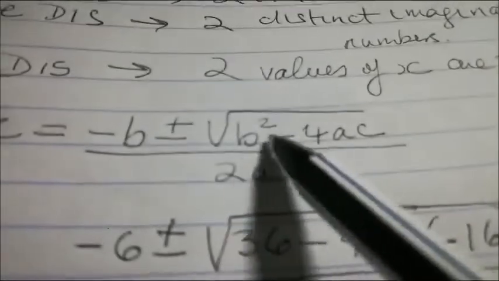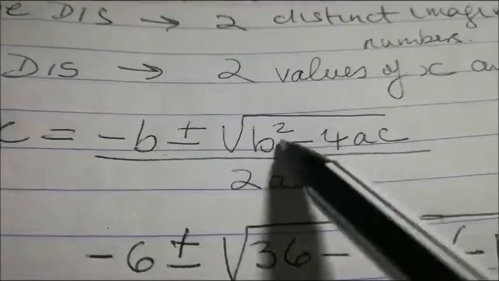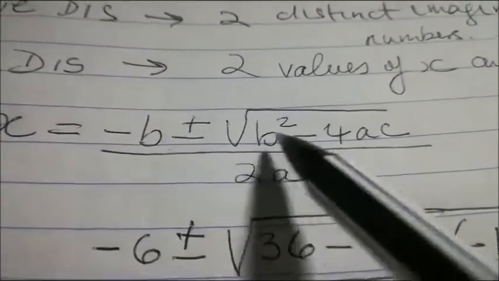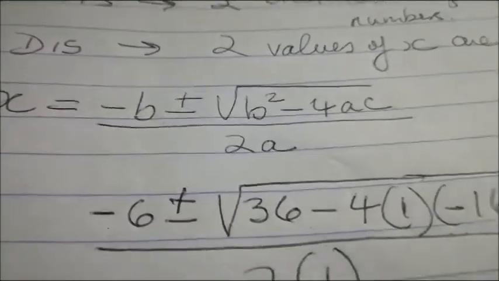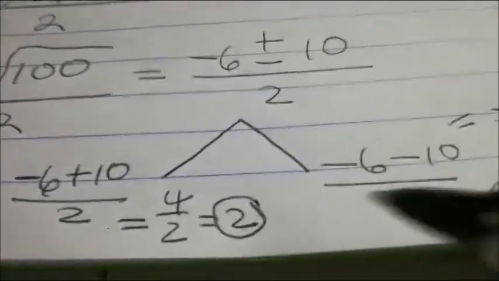You substitute the letters with the various numbers, because each letter represents a number in the equation. Then eventually you will get your two solutions. One is 2 and one is -8.